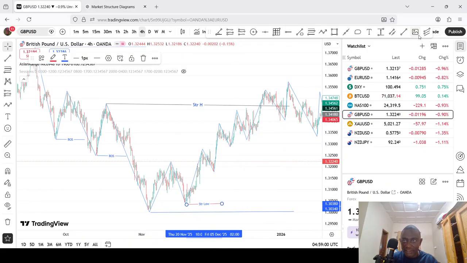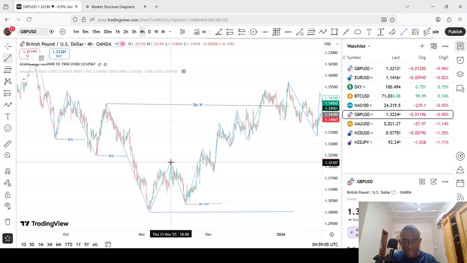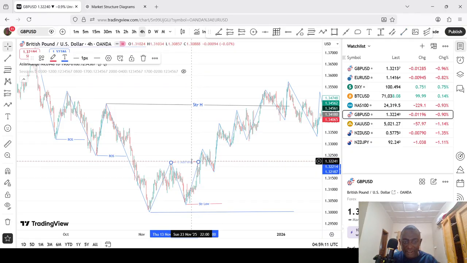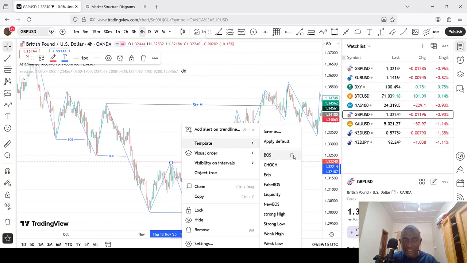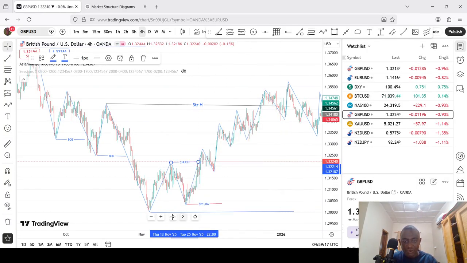Then here became like a BOS, no, a change of character. But this change of character is within this internal flow, internal movement, just confirming that at least this pullback has started.